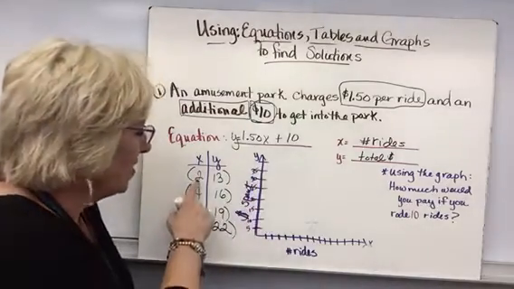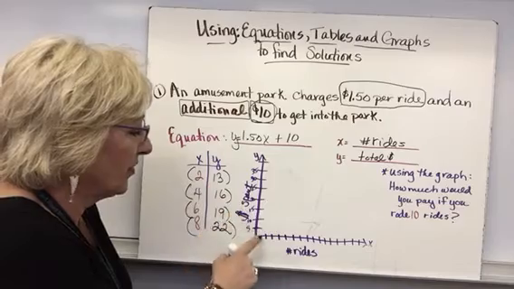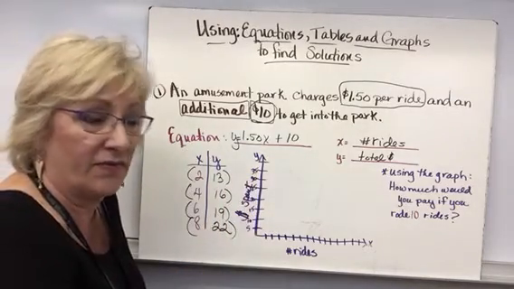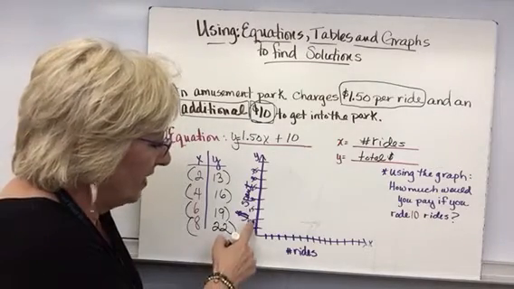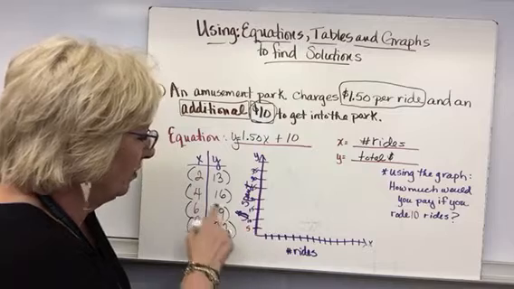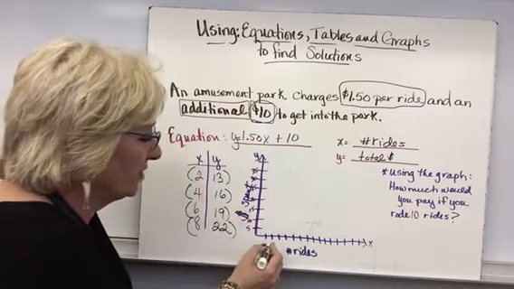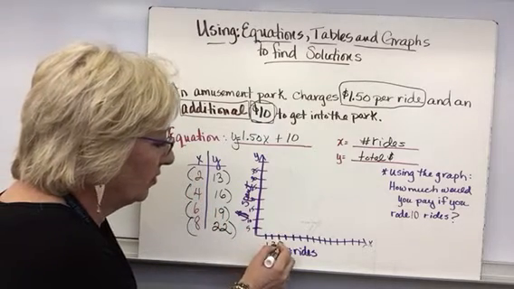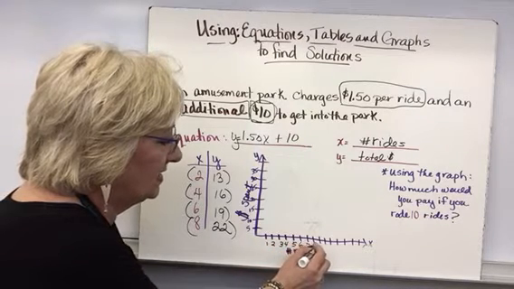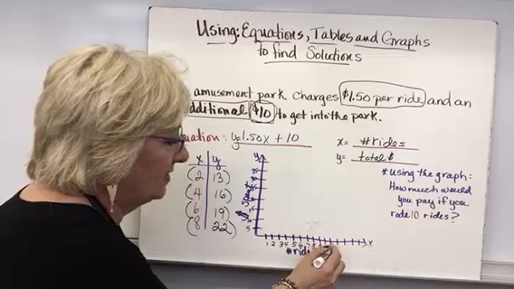And I'm going to look over here at 2, and I'm going to come up to where 13 is. Now, I've put them in intervals of 5, so I've got to kind of guesstimate about where it would be for $13. So for 2, this is 1, 2, 3, 4, 5, 6, 7, 8, 9, 10, 11, 12.